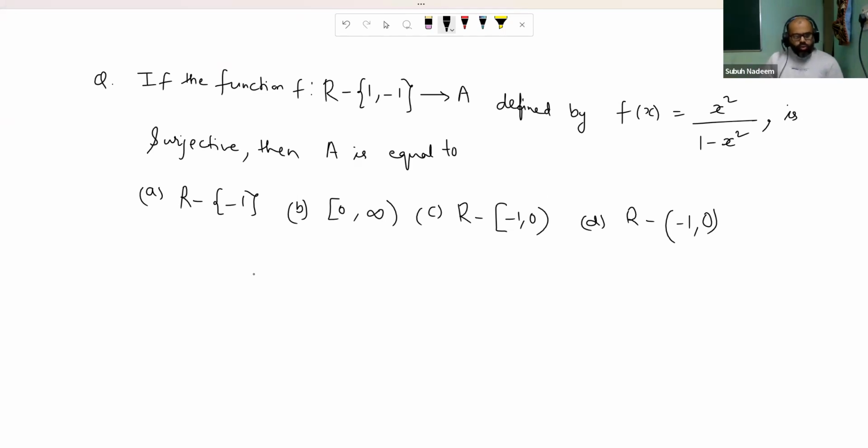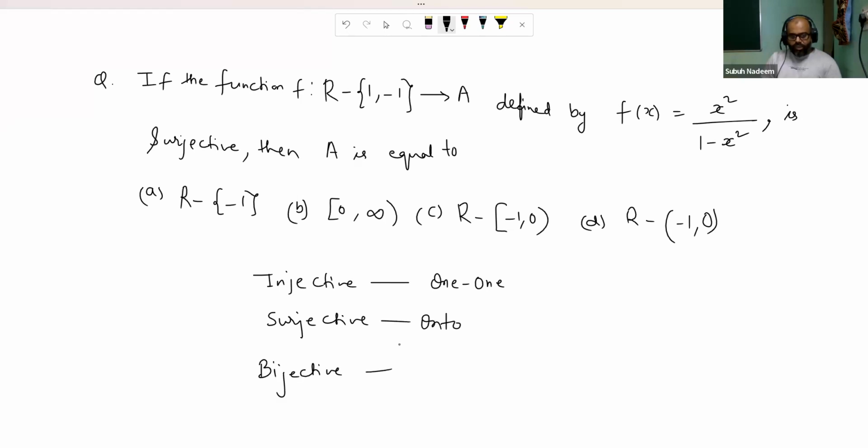Injective is another name for one-one, and surjective is another name for onto. And a function is called bijective if it is one-one and onto both.